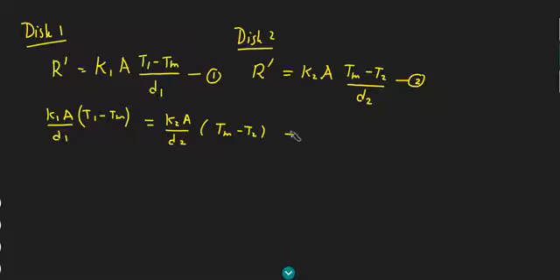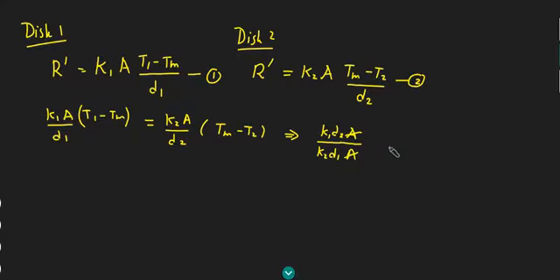Okay. Now I'll simplify, I'll cross multiply. So my right hand side would become K1 D2 divided by K2 D1, and you can see in the numerator and in the denominator I'll have A and A. Those two will cancel out.